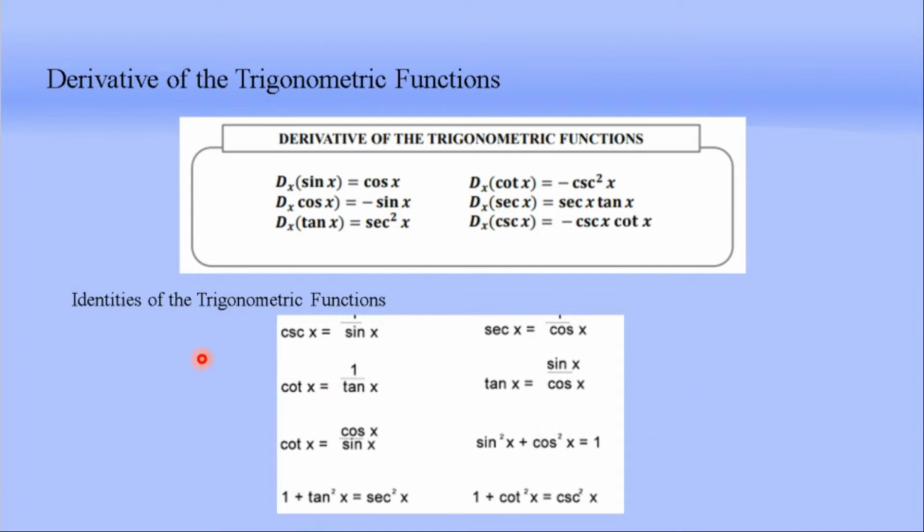The purpose of these identities is to simplify the trigonometric functions. This is not found in your module, but I'm pretty sure your teacher has provided this. Okay, so take note of this. Take a screenshot, or if you have a copy, keep that in hand.